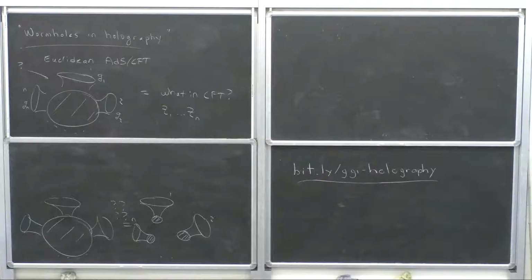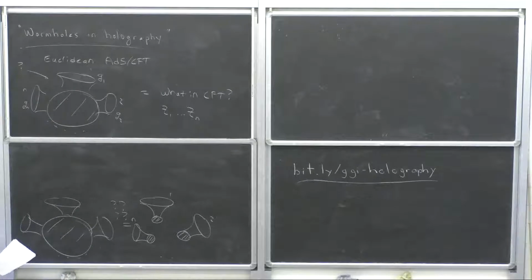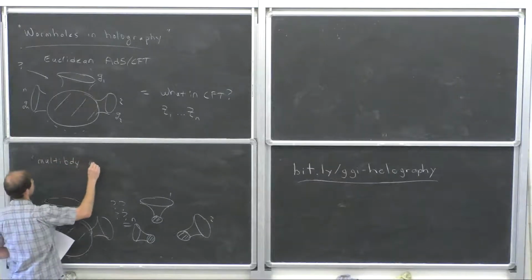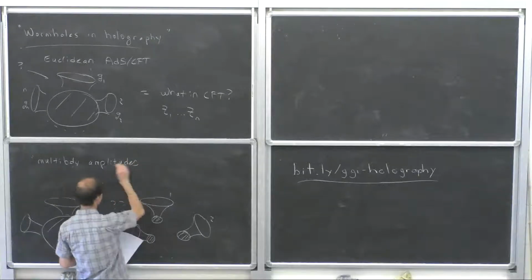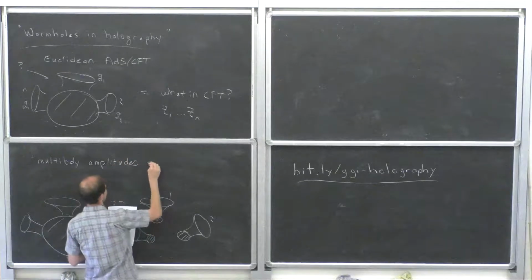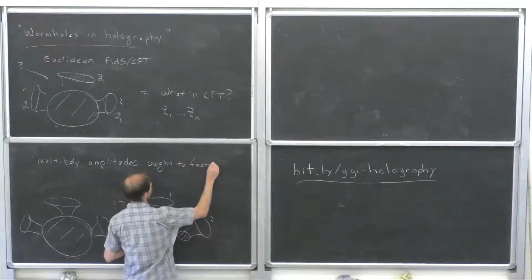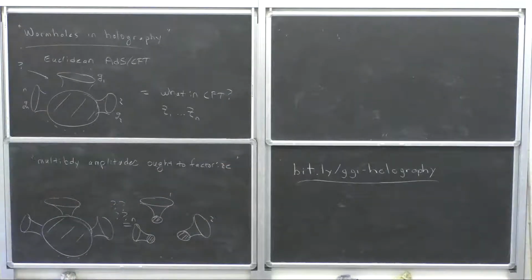Right, so maybe a way of saying this is that our prior, going back to the beginning of AdS/CFT, is that multi-boundary amplitudes, I mean Euclidean amplitudes here, ought to factorize. And I use the words "ought to" to implicitly indicate that it's unclear.